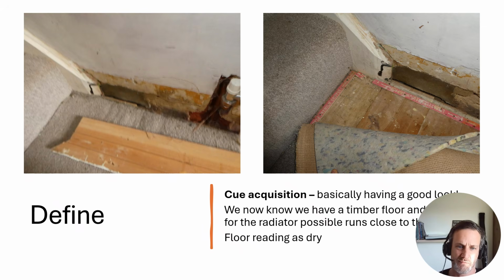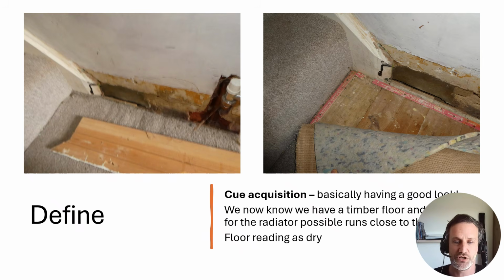So in this case, we can take some moisture meter readings from those timber floorboards, and actually they're dry. They're not reading as damp at all. Now, of course, we don't want to be over-interpreting based on the readings from a dry floorboard, because the floorboards can be dry while the joist underneath, in a very different situation, can still be damp.